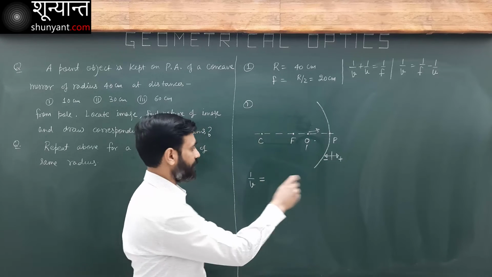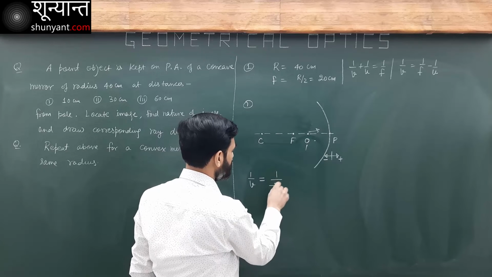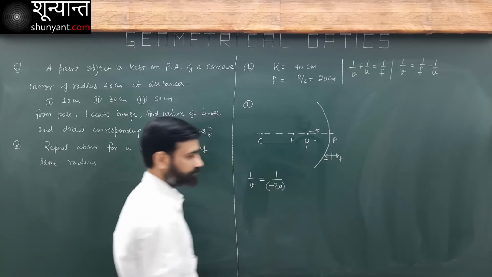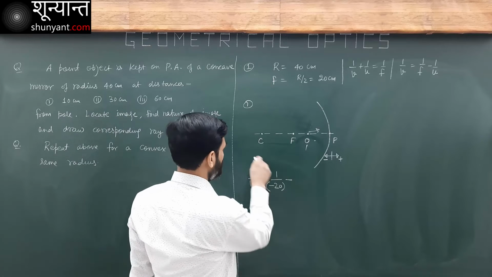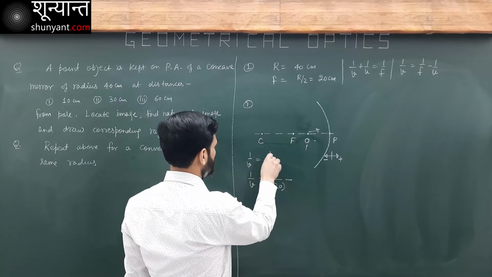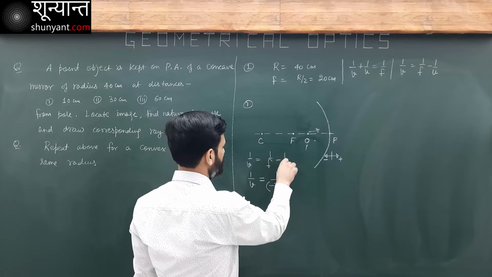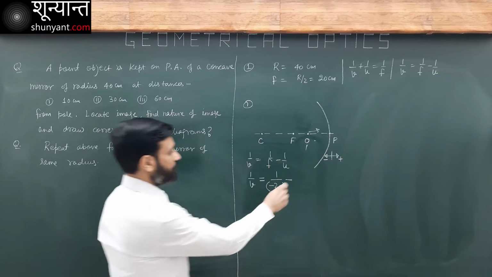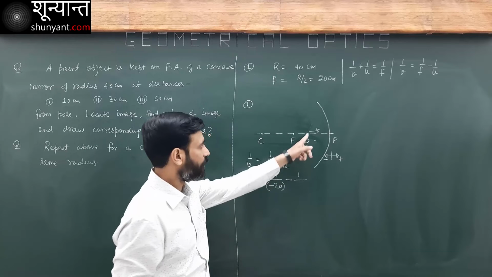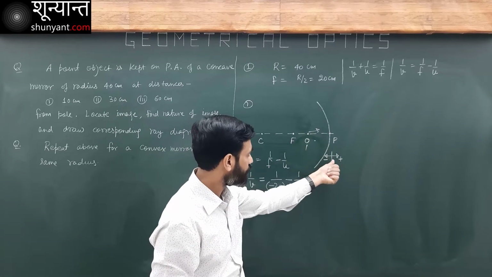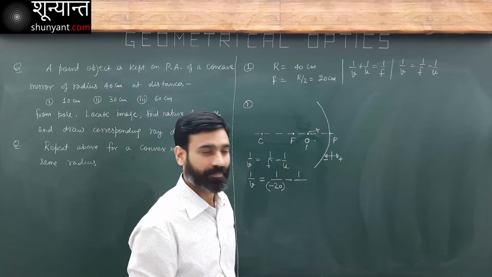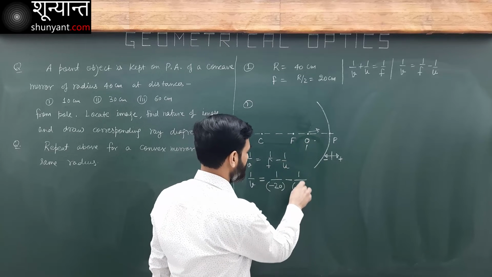I will write 1 over minus 20. Okay? Minus 1 over V is 1 over F minus 1 over U. What about U? Where is the object? This is my object. This also is kept to the left of pole. To the left of pole, it is negative. Okay? So here also I will write negative minus 10.